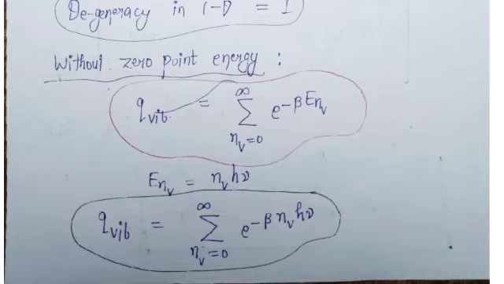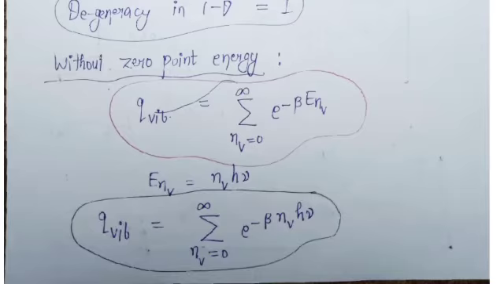In this expression we will put E_nv as n_v h nu, where n_v is the vibrational quantum number and h nu is the energy that we calculated for the system without zero point energy. So here we put that energy value, and you can see we get this expression.